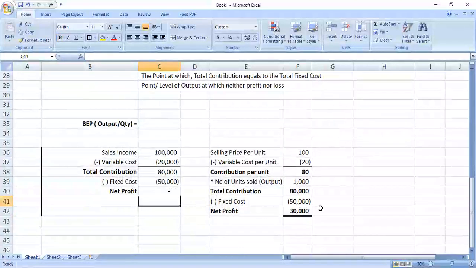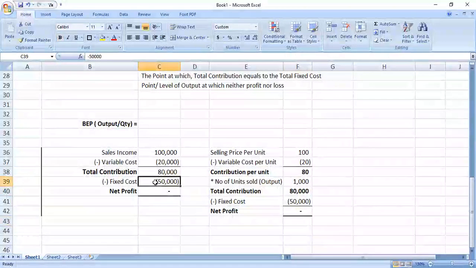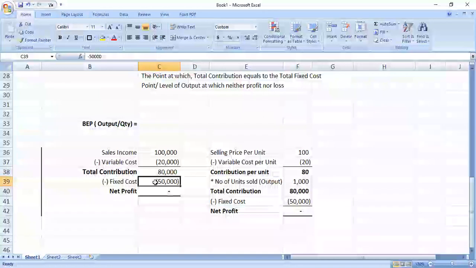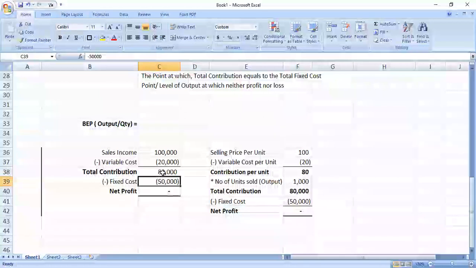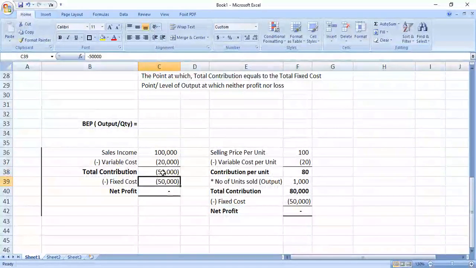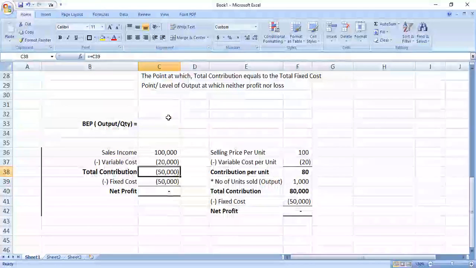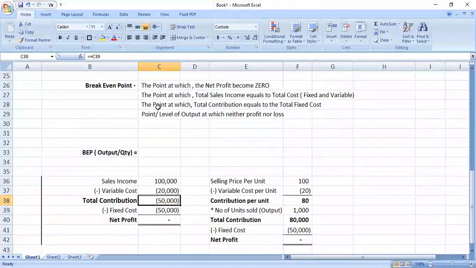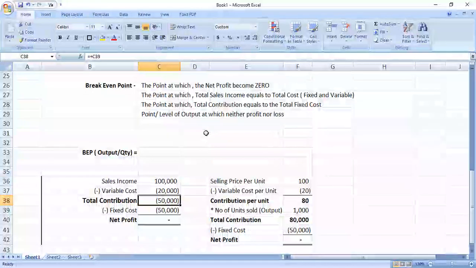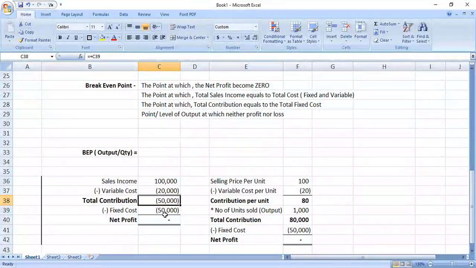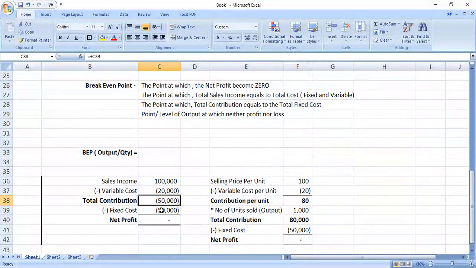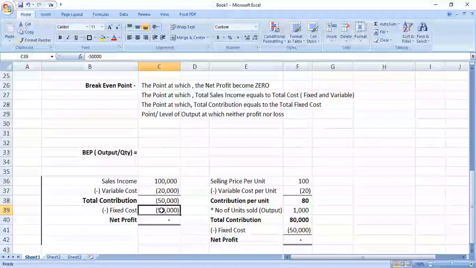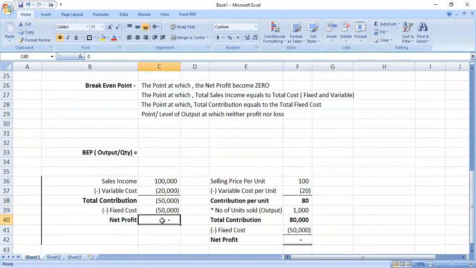In order to get a profit of 0, your fixed cost doesn't change with the level of output. Even when you produce 0 units or 5,000 or 500, 1,000, it's the same, no? So your contribution also should be the fixed cost. It's a characteristic of the break even point, the point at which total contribution equals the total fixed cost, no? So at the break even point, remember your total contribution is equal to total fixed cost. Then only you can get a net profit of 0.